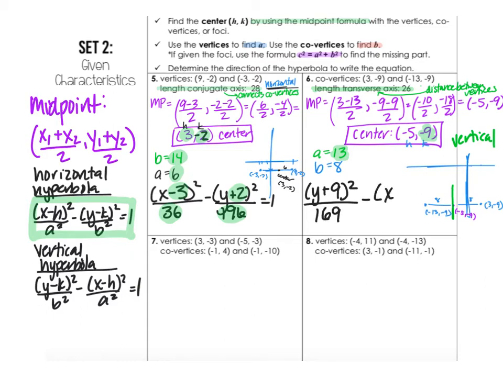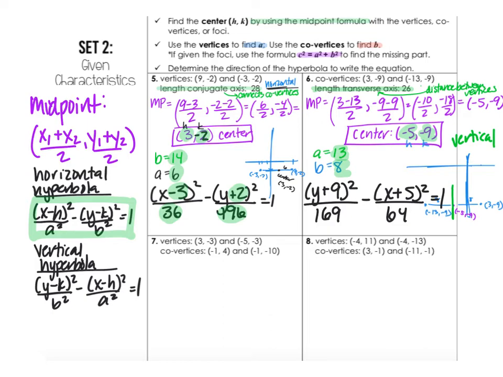Minus x minus h. H is negative 5. Minus a negative becomes a positive, so x plus 5 squared over b squared. And b is 8, so that's going to be 8 squared, which is 64, equals 1.